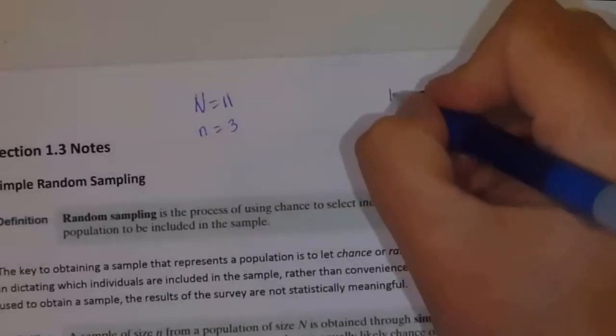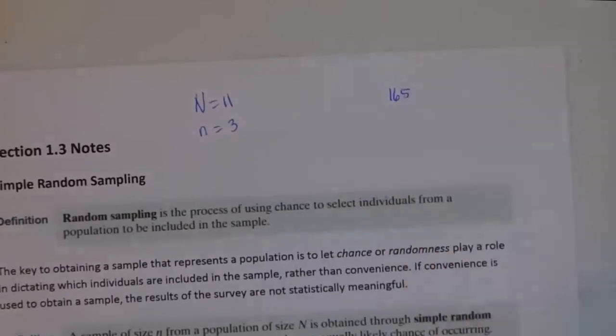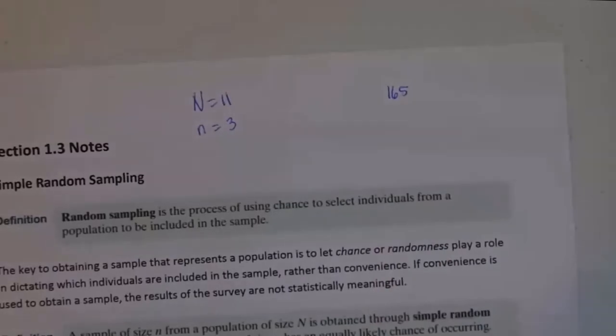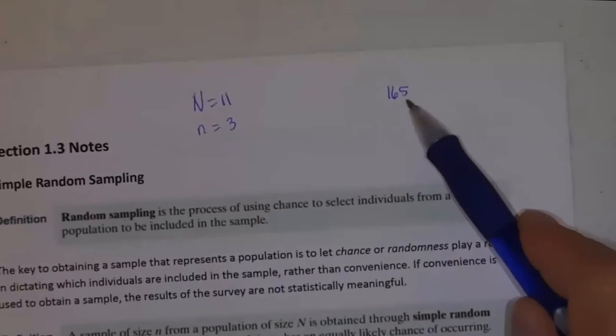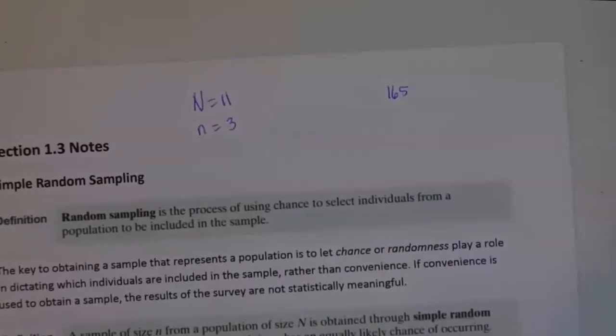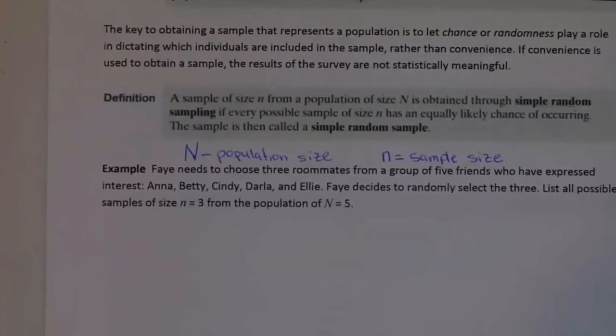So altogether, if we have 11 individuals in our population and we're picking samples of size 3, there would be 165 samples possible. And so what this definition is saying is that all 165 of those samples have to have an equally likely chance of occurring. So pretty much it means the same thing, that every individual has an equal chance of being picked. So take a look at our example here.